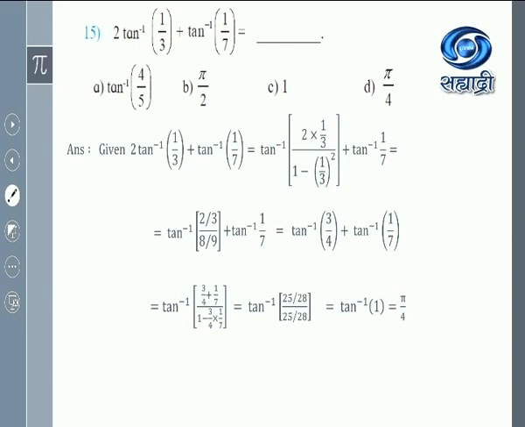Both are the same terms, gets cancelled, and we are left with tan inverse of 1, and you know tan inverse of 1 is pi by 4. Remember, in MCQs you don't need to write each and every step. Go on simplifying and reach the correct answer, because nobody is going to see by which method you are finding the answer. So the correct option is D, pi by 4.